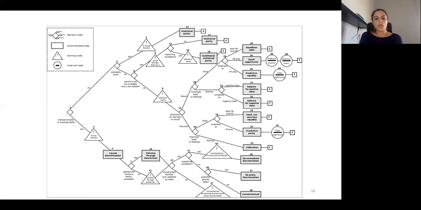Now, let me show you one example of how we can use a path in the diagram to navigate it and choose the most suitable fairness notion. Starting from the first node, in case intersectionality or masking are unlikely to occur and standards are not set, the ground truth is available, or the true outcome, we assume that it's reliable.